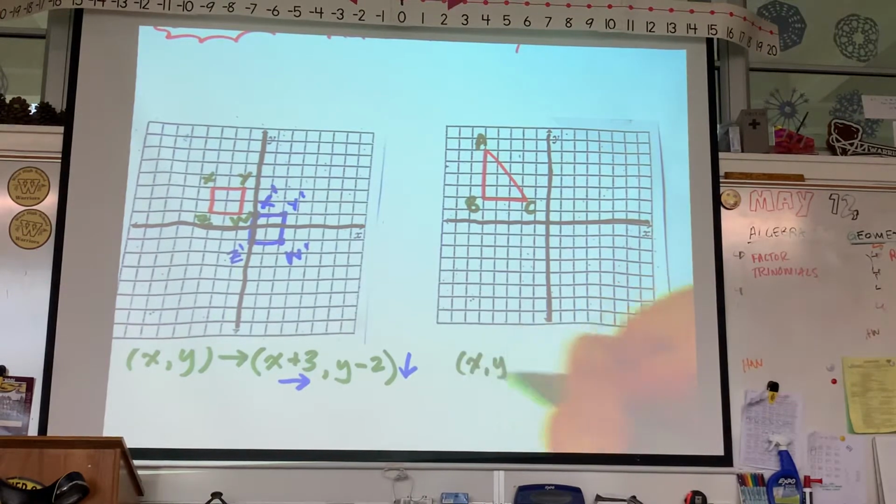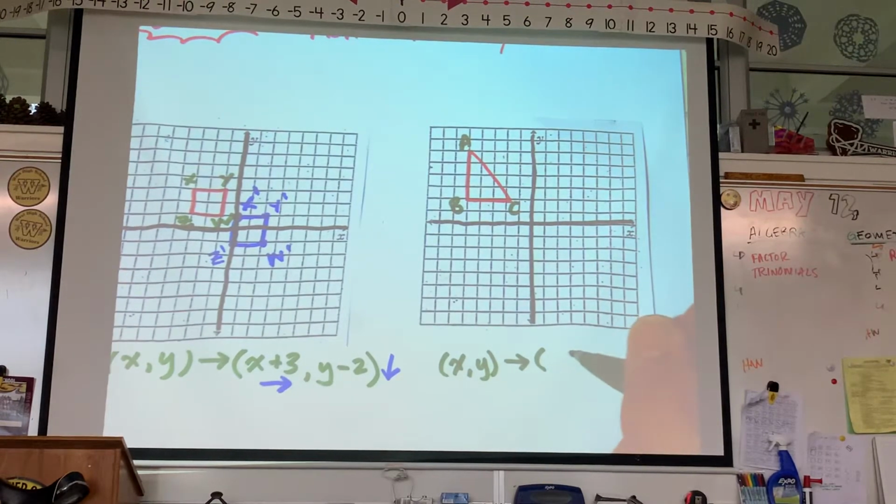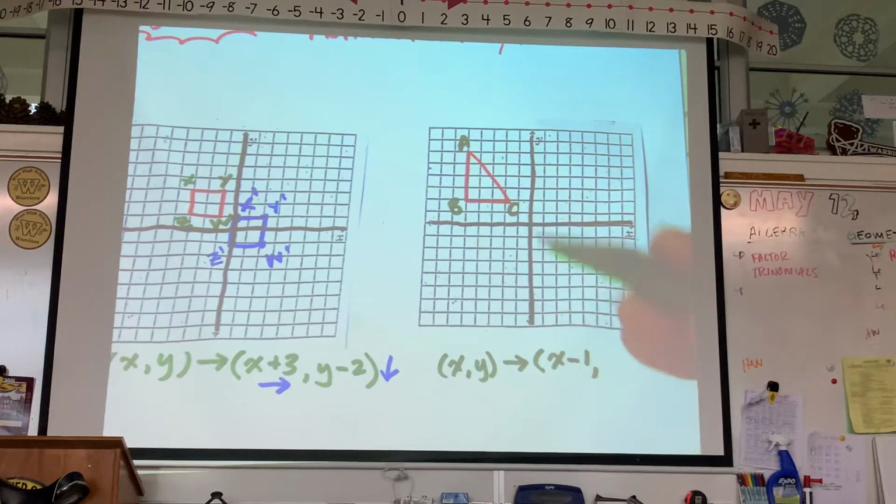For X, Y, I would like to translate this figure. Let's say, this time let's go X minus 1. And since there's not a lot of room up here, I want to go like maybe y minus 8.